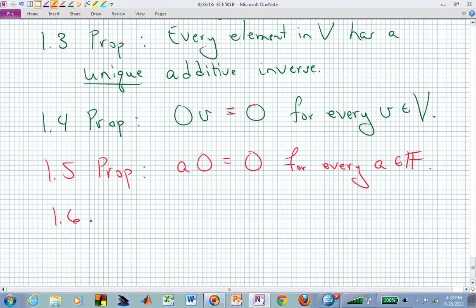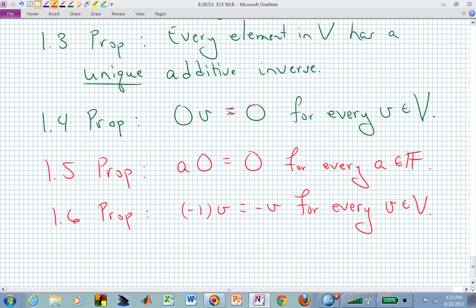And finally, 1.6 basically tells us how to find an additive inverse if we need it, and that is that -1 as a scalar times v is equal to minus v, for every v in our vector space.